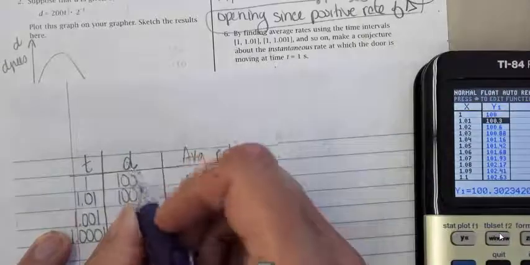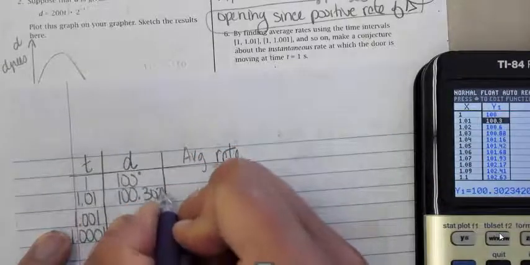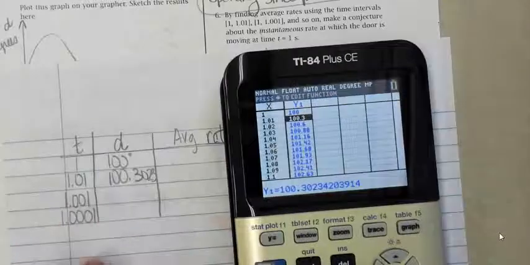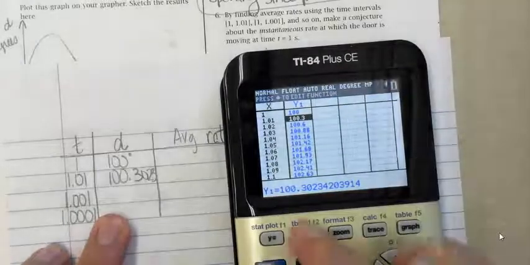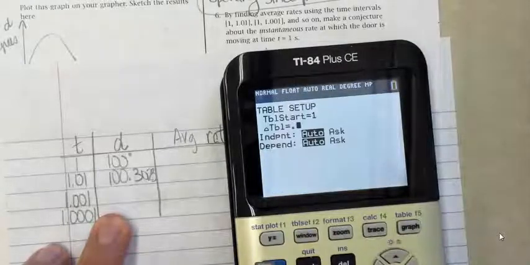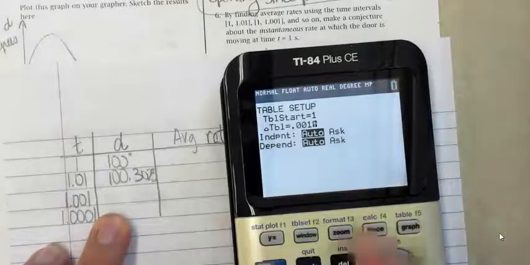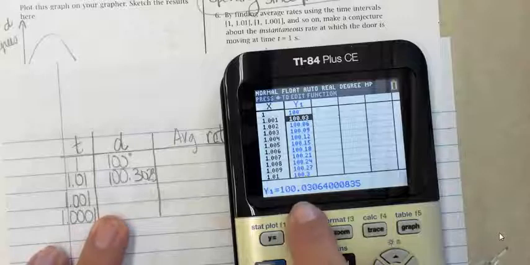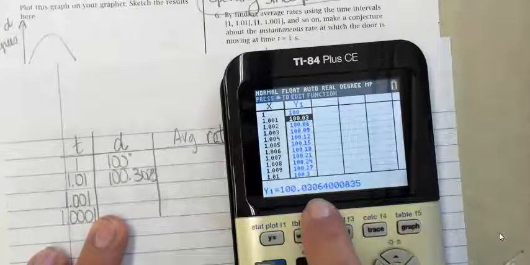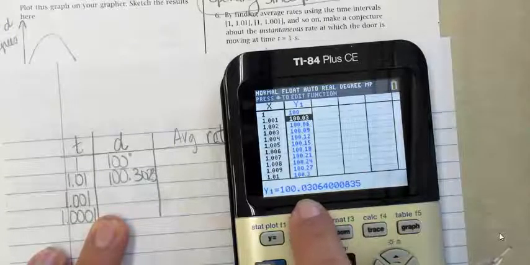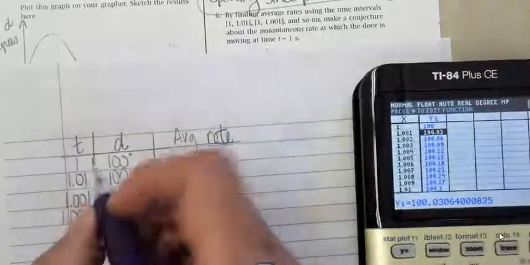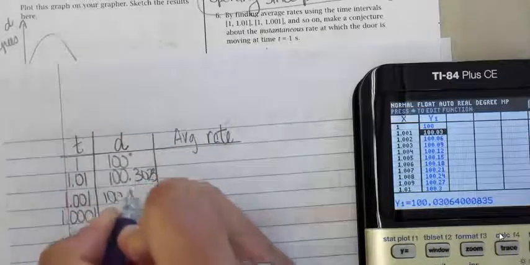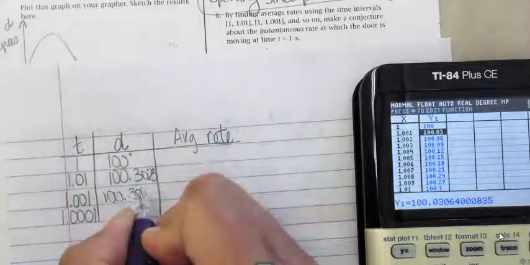3023. I maybe didn't leave myself enough room there. Okay, and then let's do thousandths place. 0.0306. So 100.30.